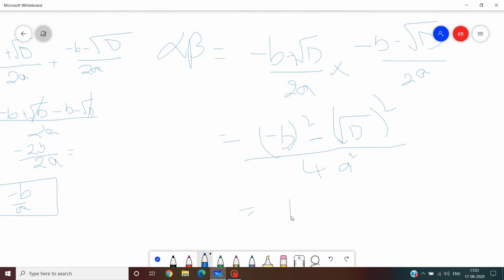So minus b whole square will be b square. When root is squared, it will get cancelled. And what is capital D that I have taken in place of that? b square minus 4ac divided by 4a square.